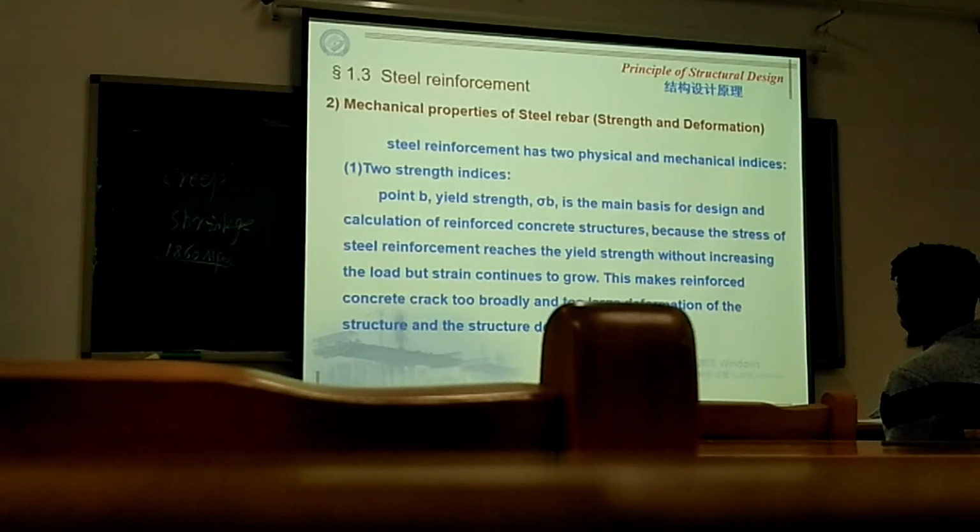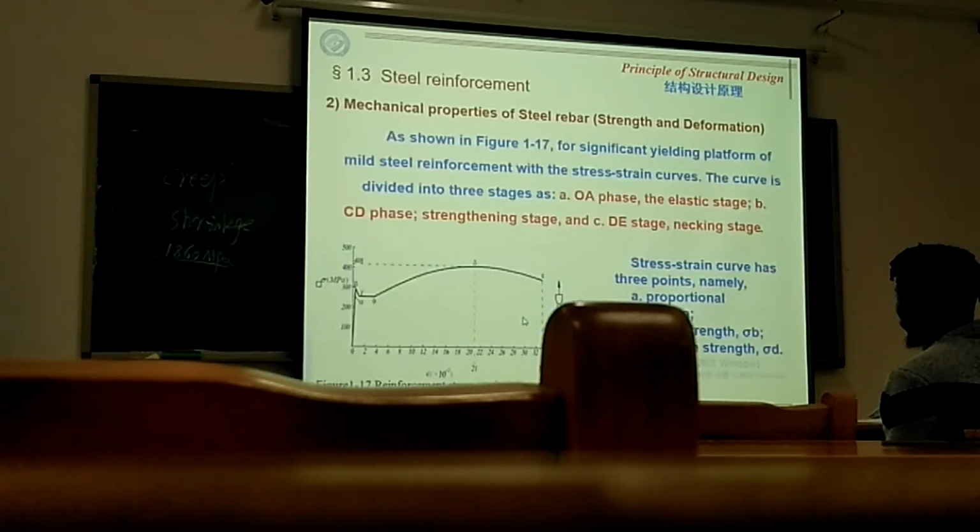See this one? After this point, even if the load doesn't increase, the deformation will increase quickly. That means in reinforced concrete, the cracks will increase. Once the cracks become larger and wider, that means the structure may already have failed.